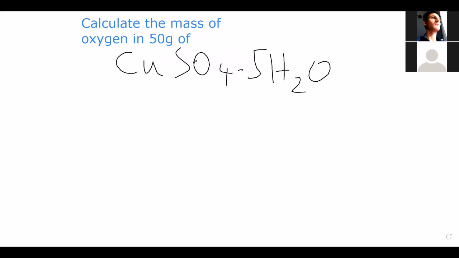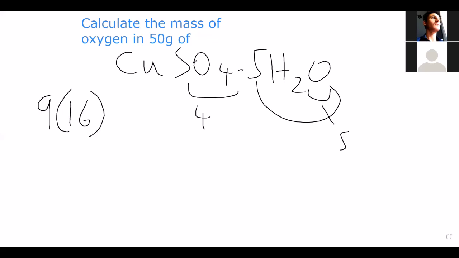Now the AR of oxygen in this will be 4 plus, in this compound there are 4 oxygen over here and 5 oxygen over here, plus 5 into 1 is 5. So the AR of oxygen will be 9 times 16, while the MR of the whole compound is 250 as we found in the last question.